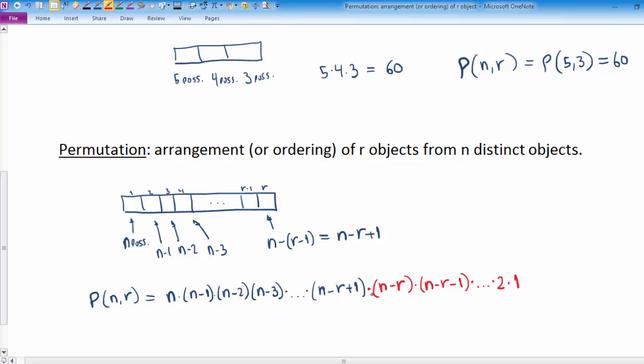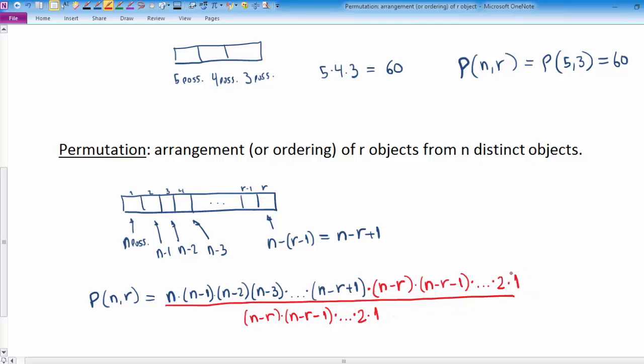Now, of course, we included these factors in there. We're changing the original expression. We don't want to do that. So we can go ahead and divide by the same expression, N minus R times N minus R minus 1 all the way to 2 times 1.